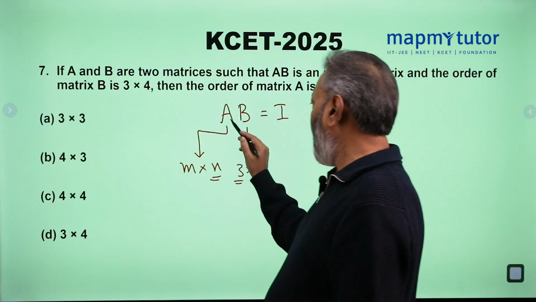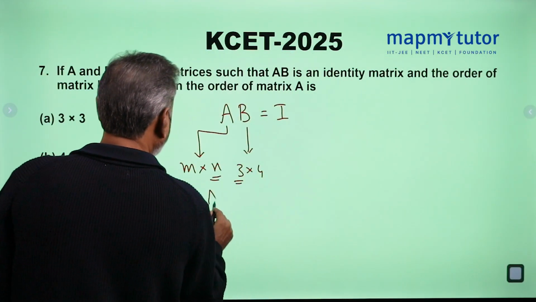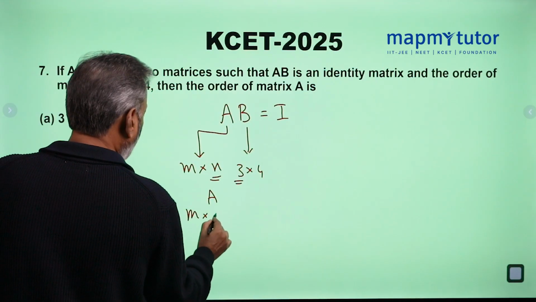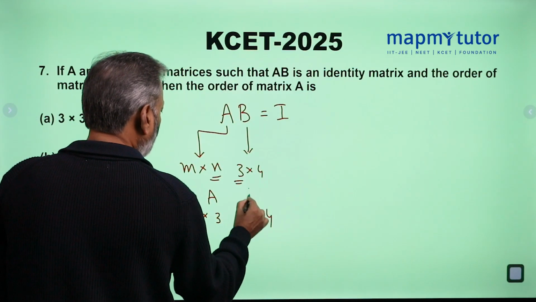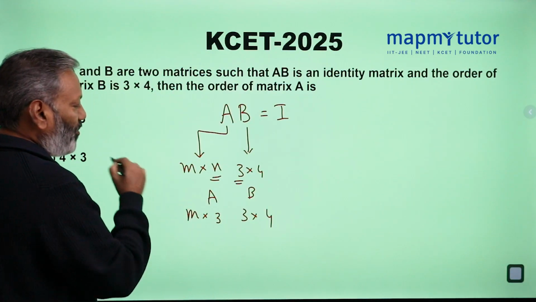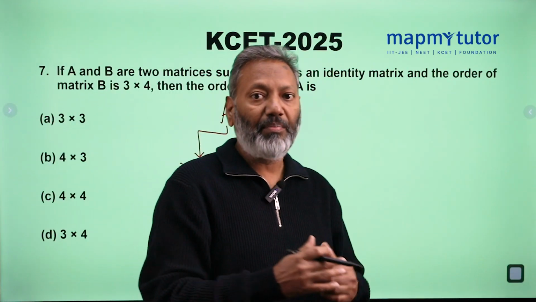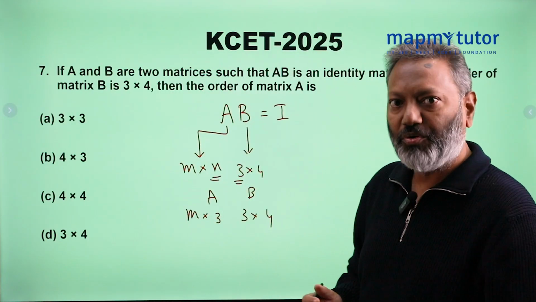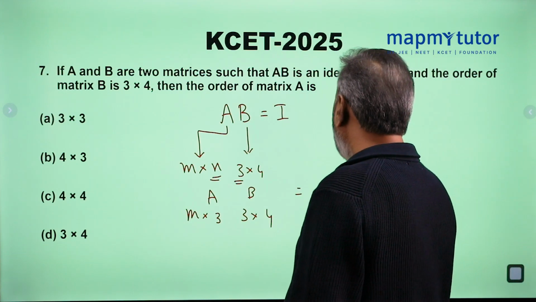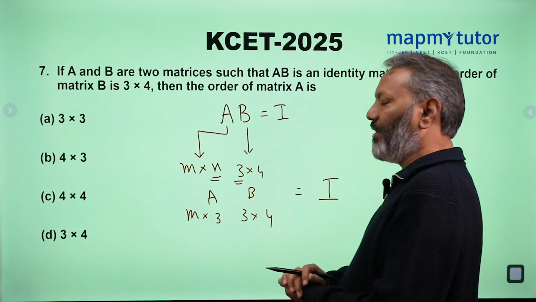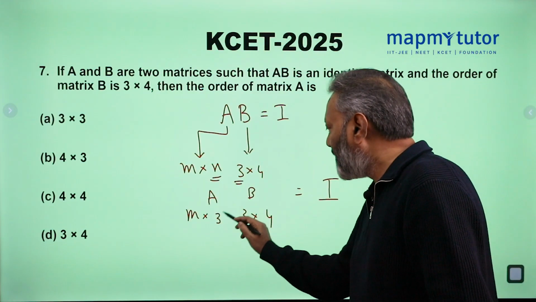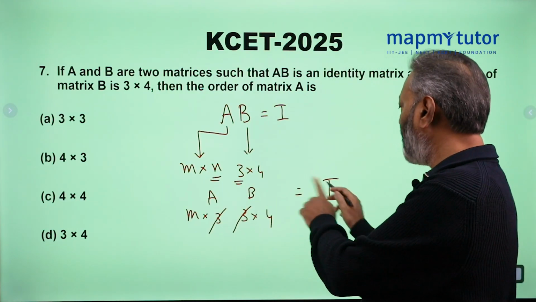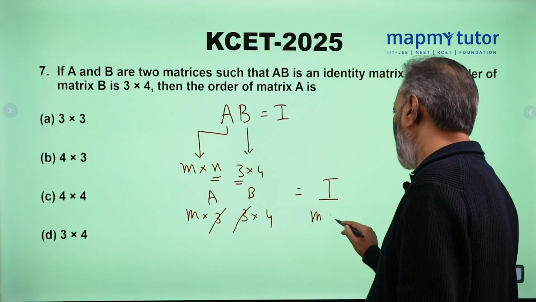That's why A must be M cross 3, and B is already fixed, 3 cross 4. So, what about M? M is not known, of course. Here, on the right side they have given us I. I is always a square matrix, and this 3 and 3 won't appear in I as the order.